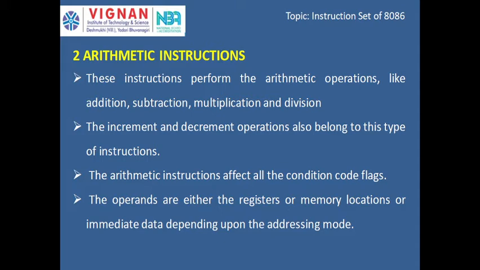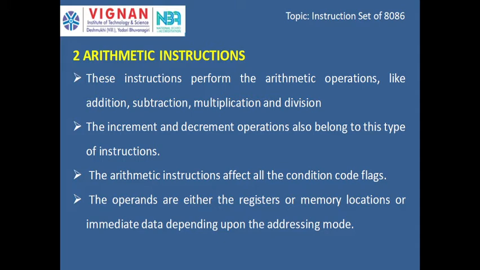As we know, in the flag register we have the overflow flag, sign flag, zero flag, carry flag, and auxiliary carry flag. So the result of these arithmetic instructions will affect the conditional code flags.